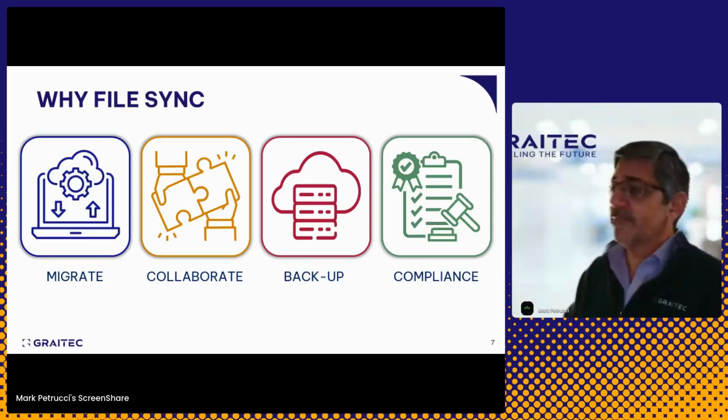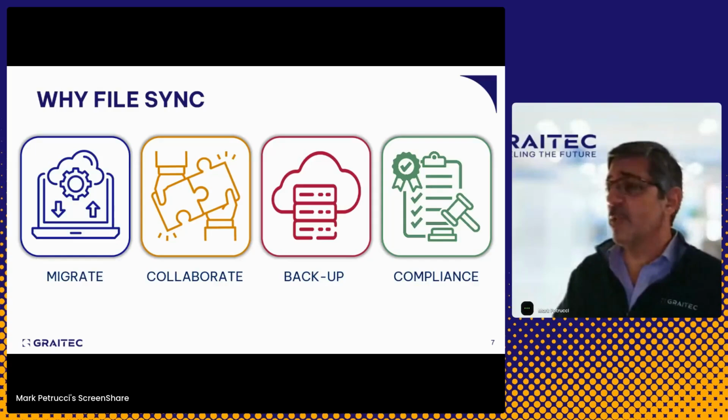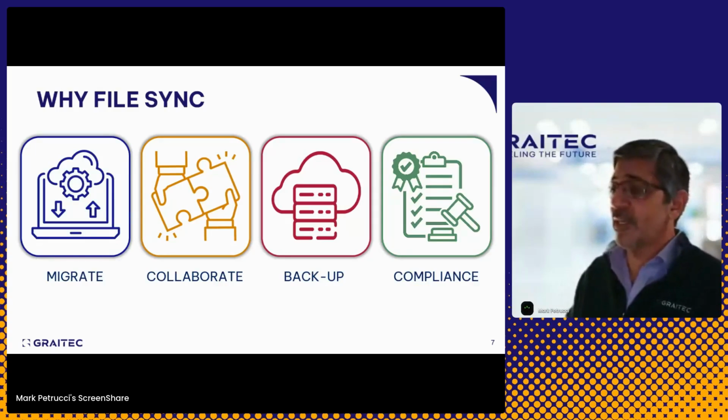As for backups, continuous replication shields you from hardware failures, ransomware, or accidental deletes. And finally, with compliance, version history and permission controls address audit and industry standard requirements. Now, if you can master these four pillars, your projects stay on schedule and on budget, and you'll be fully protected.